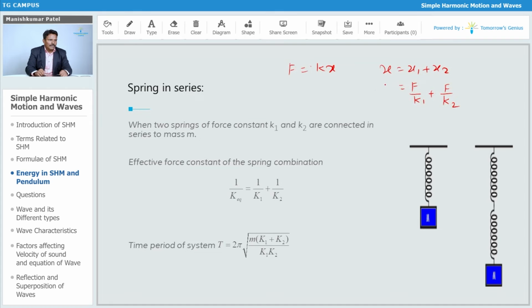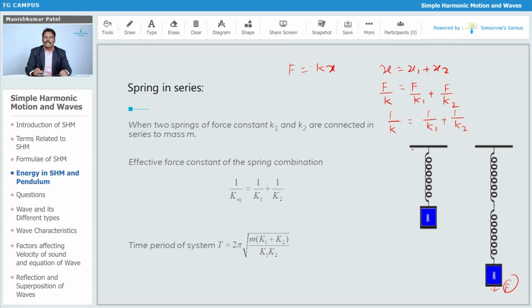In both cases the force acting is the same, which is F. So the Fs get cancelled, and 1 by k is equal to 1 by k1 plus 1 by k2. This is how we can calculate the equivalent value for the spring combination.